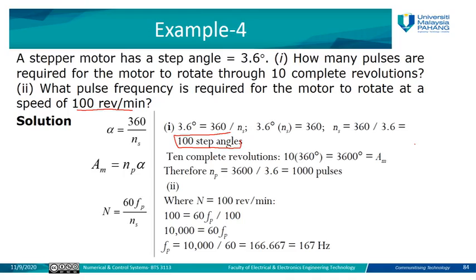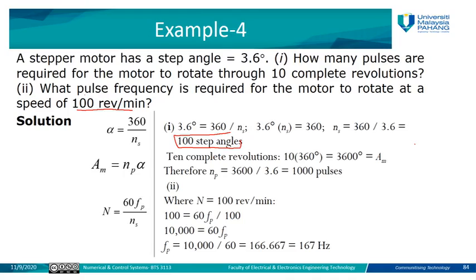Then we need to find what pulse frequency is required. He needs the value of fp, the pulse frequency required for the motor to rotate at the speed of 100 revolutions per minute. He gave you the value of n and needs the value of fp. So we have the formula n equals 60 fp over Ns.